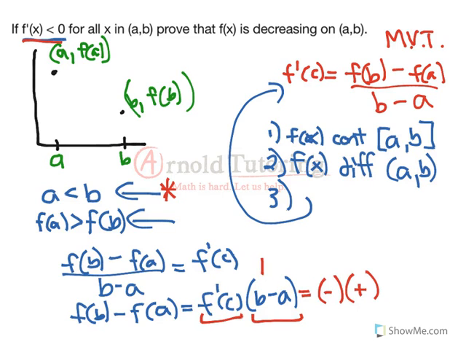Think about that, right? It's just a greater number minus a smaller number, so that's positive. So this whole thing equals a negative. What we've just showed is that f of b minus f of a is a negative, or we can say that's less than 0, which is exactly what we wanted to prove right here, that f of b is less than f of a.